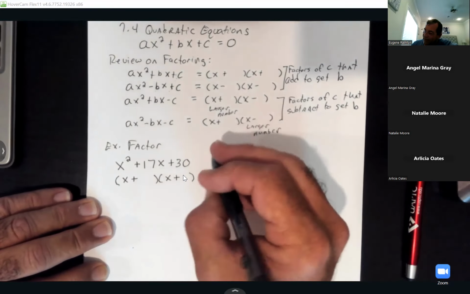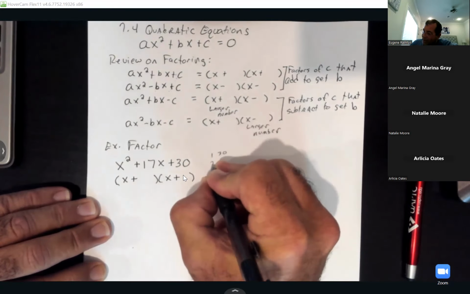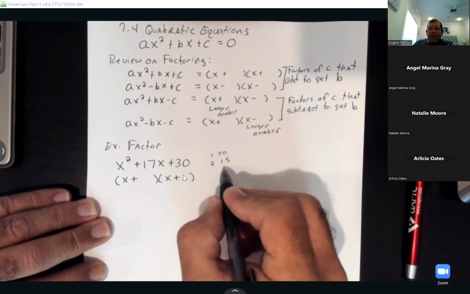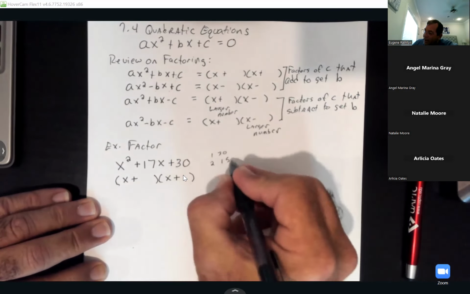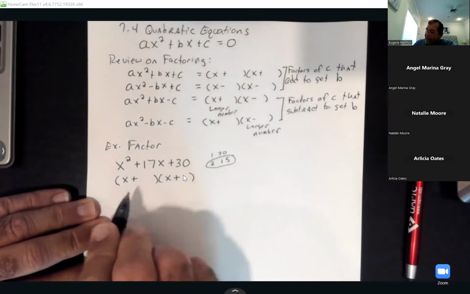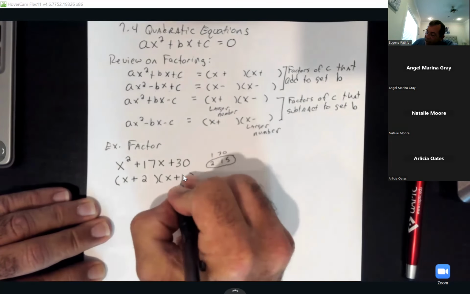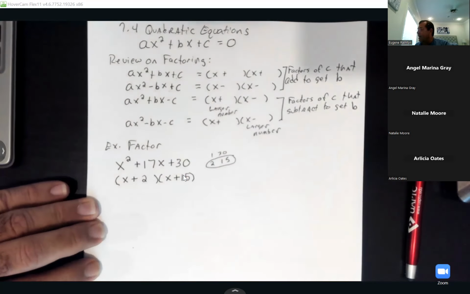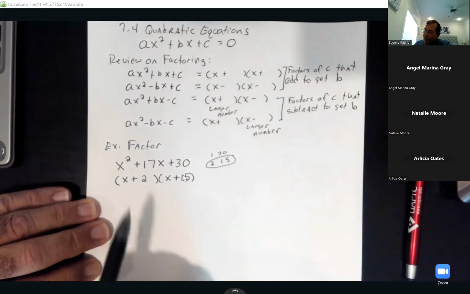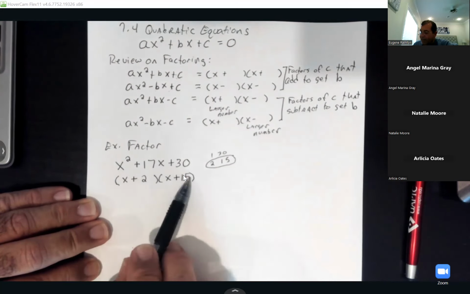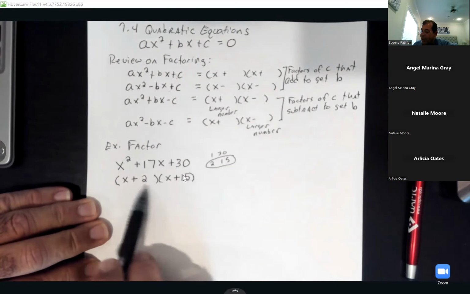15 and 2. Okay, because that would have been my next factors to try. So I did 1 and 30. 2 and 15, they multiply to get 30. They add to get 17. So I just come in and put my 2 and my 15, and we're done. So if you was to FOIL this, x squared, 15x, here'd be 2x's.